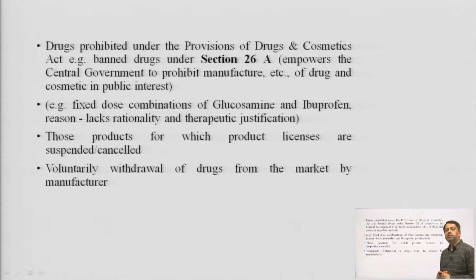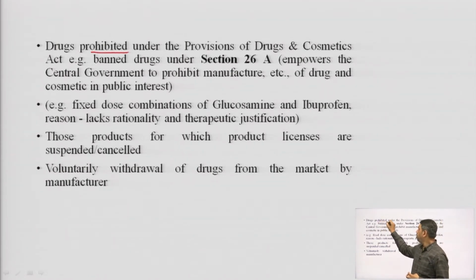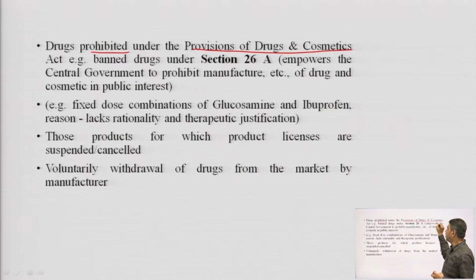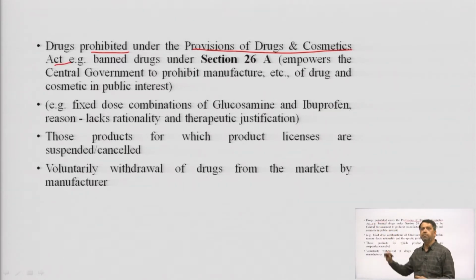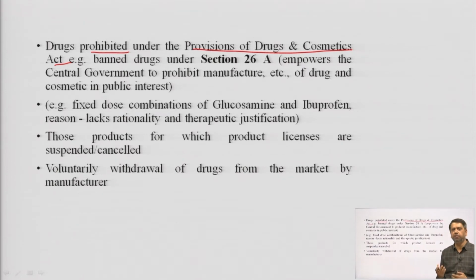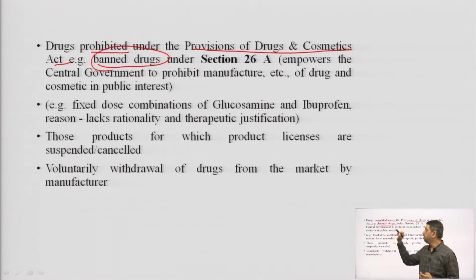Now, other than this, there may be some other reason for the withdrawal or recall of any product, that is, a drug prohibited under the provisions of the Drug and Cosmetic Act. For example, from time to time the Government of India or any government agency in the world redefines the drugs that are classified under the banned drugs.